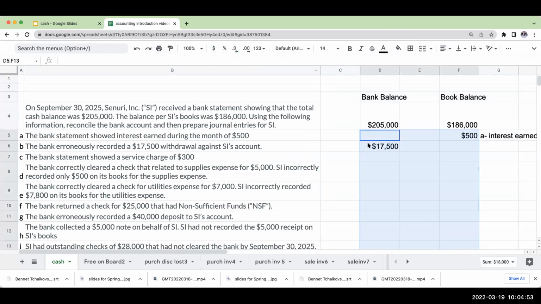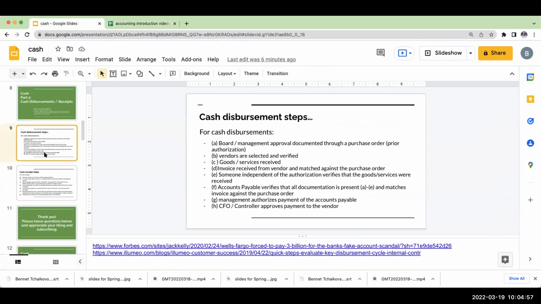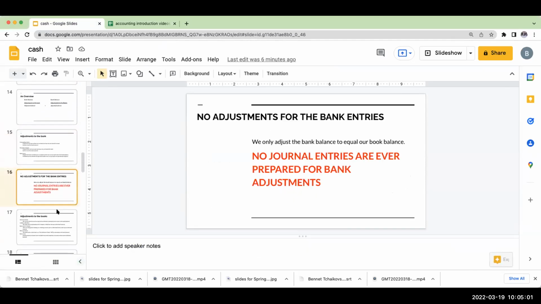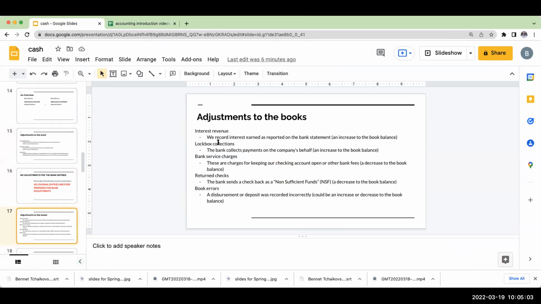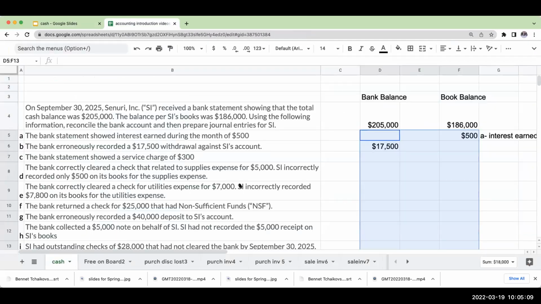Okay. And again, if you want a guidebook to go along, this is meant to be a quicker video. But if you go over here, you can see where I've laid out what's going to happen on each one's decrease or increase to the books or to the bank. Okay. The bank statement showed a service charge of 300. That means they took out 300 bucks.